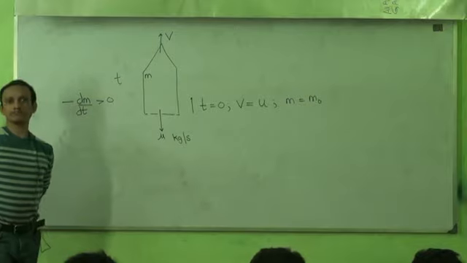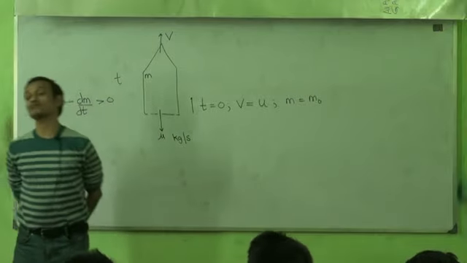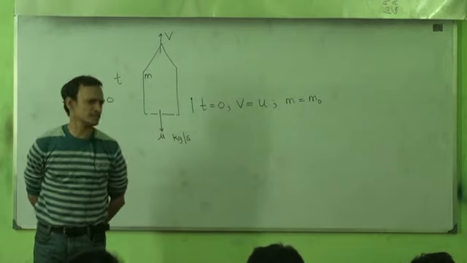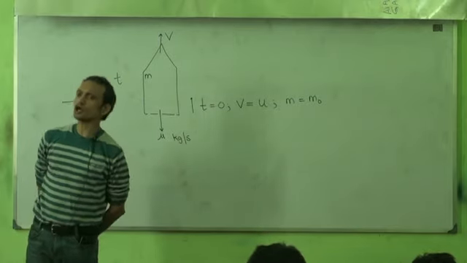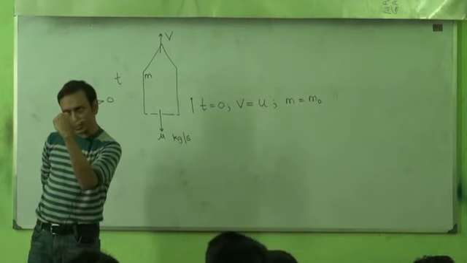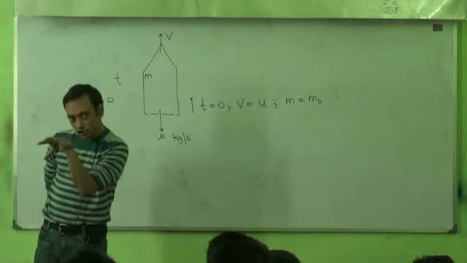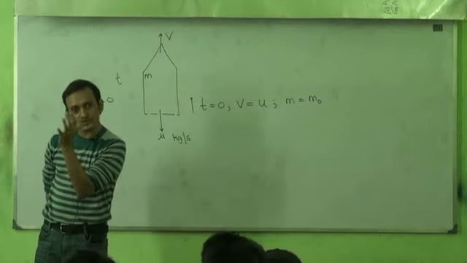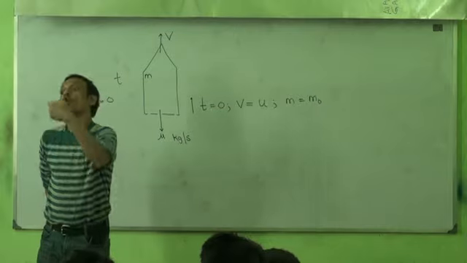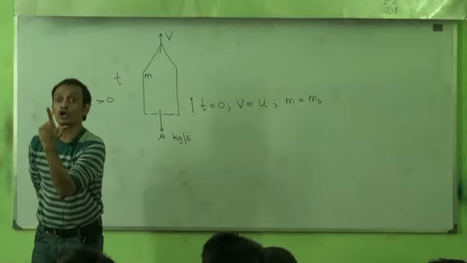And let's say it's being expelled by some mechanism with a constant relative velocity. That means even though the velocity of the rocket is changing with time, the velocity of the expelled masses will also change with time, but in a manner that the rocket observer will always report the same velocity of the expelled masses.